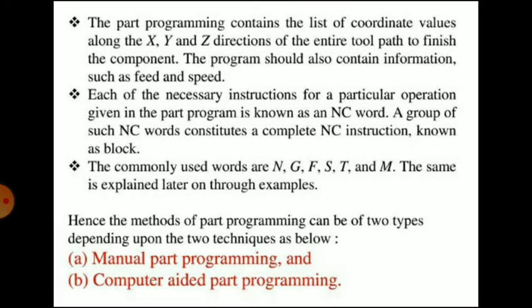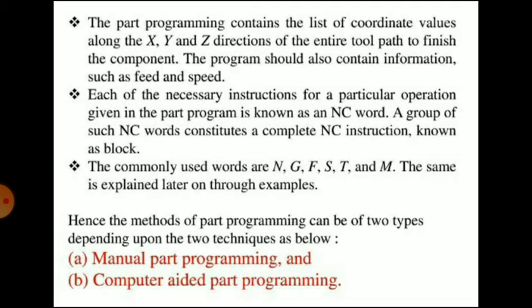The part programming contains a list of coordinate values along x, y, and z directions of the entire tool path to finish the component. The program should also contain information such as feed and speed.